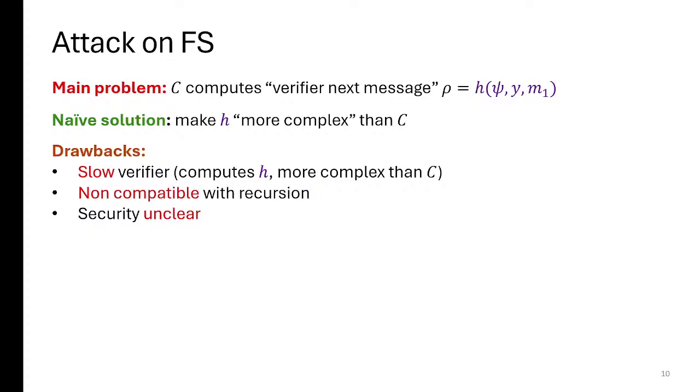So we inherently have a slow verifier, and it's not compatible with recursion. If we want to prove claims about the verifier, then we're stuck with verifiers of the same size, at least as long as we're using the same proof system. Also, it's not clear why this would be secure. There's no argument about security here. It makes sense, but you have to be very careful about what you mean.